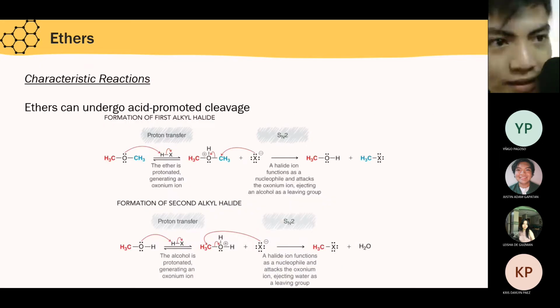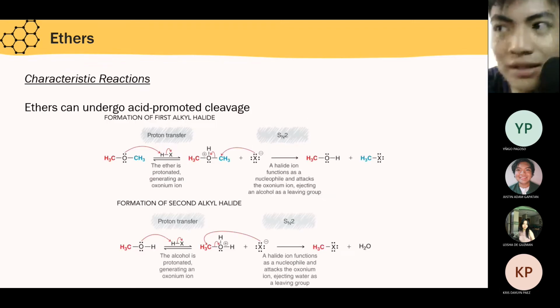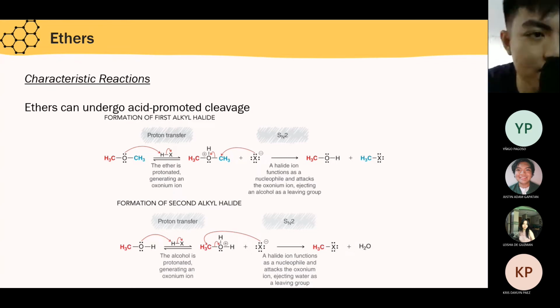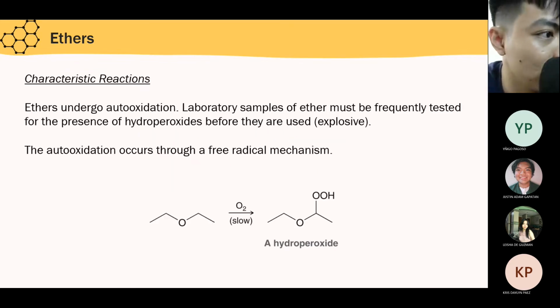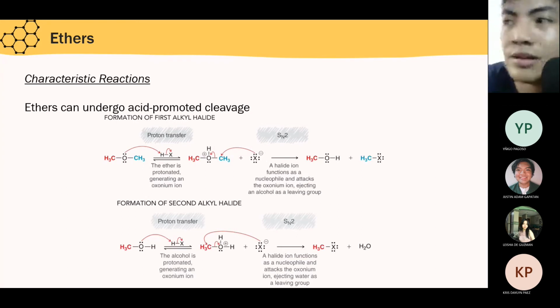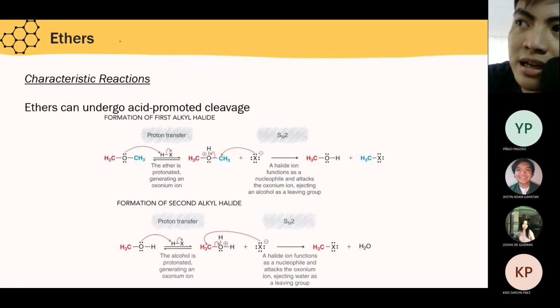So for the characteristic reaction, dalawa lang yan. Okay. So hindi na ako magbibigay ng matinding mechanism dito. Basta dalawa lang yung reaction ng ating ether. It can undergo acid catalyzed cleavage or acid promoted cleavage and yung auto-oxidation. Okay? So ano nangyayari kapag acid promoted cleavage? So basically you just have an ether.